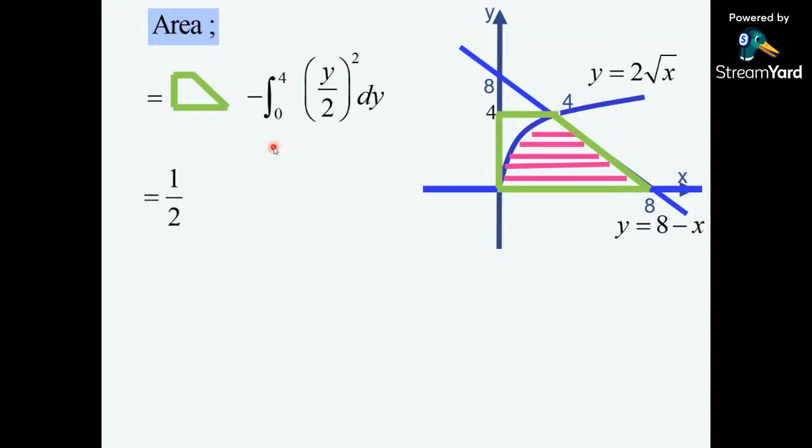Okay, so to find the area of trapezium, it is easy. Just use the formula, okay, 1 over 2. The formula will always start with 1 over 2. And then 12 times 4. So 4 is the height, and 12 is the base.